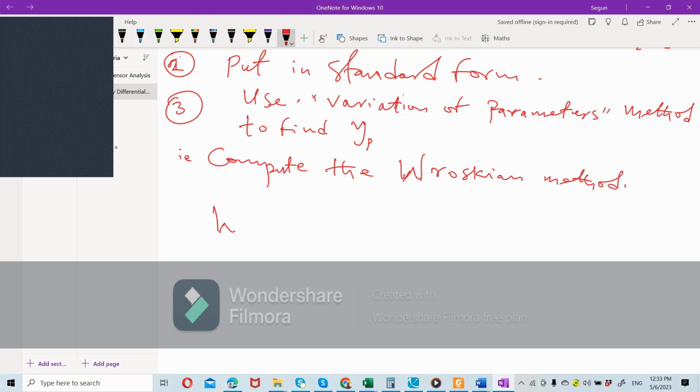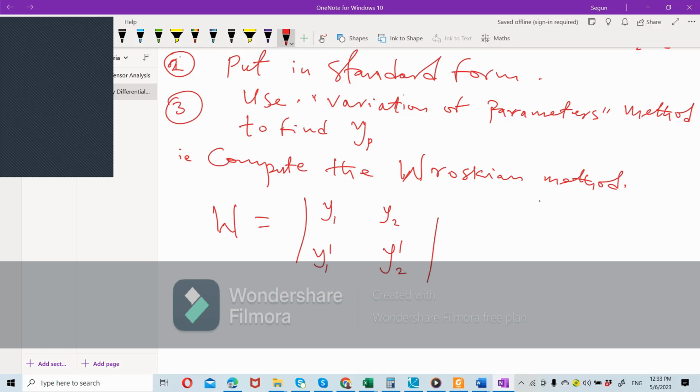We have W equals to y1, y2, then y1 prime and y2 prime, that is, you differentiate y1 and y2.